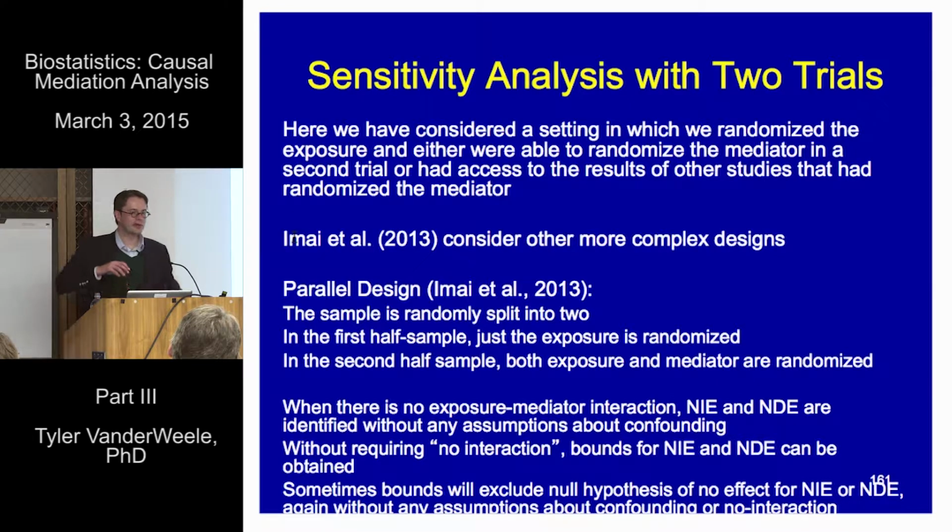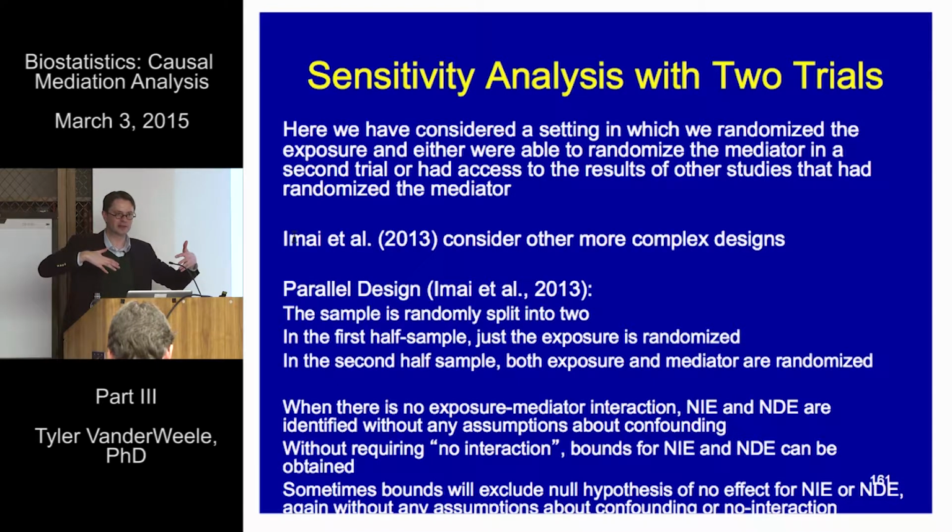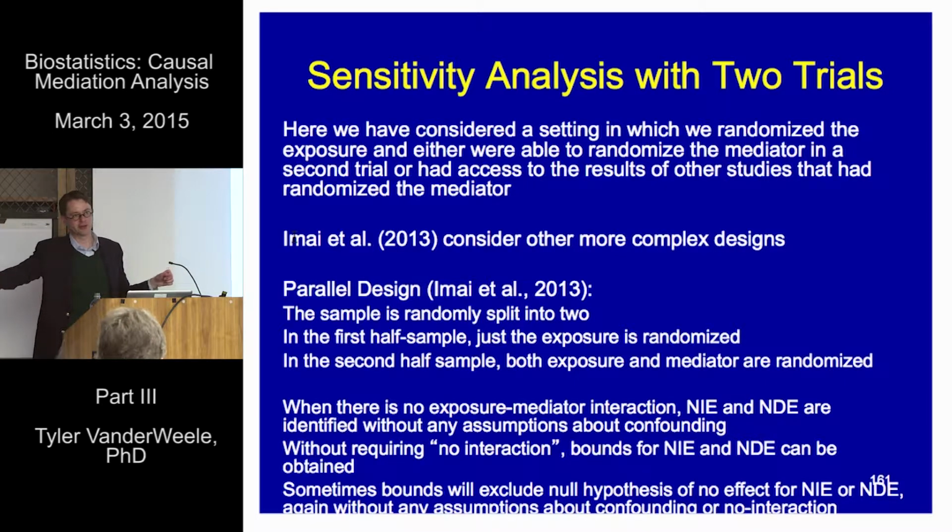Here what we do is we take our sample and we split it in two. In the first half sample, we just randomize the exposure and we measure the mediator and the outcome. And in the second half sample, we randomize both the exposure and the mediator and measure the outcome.